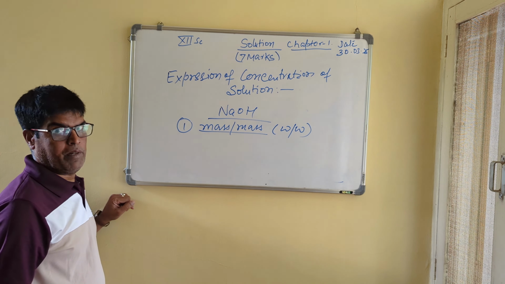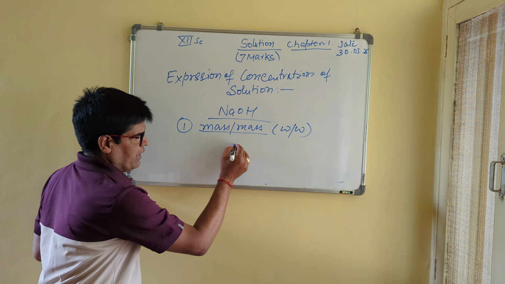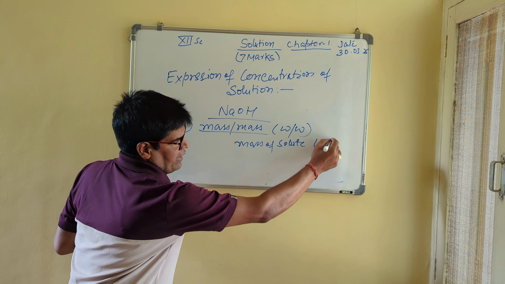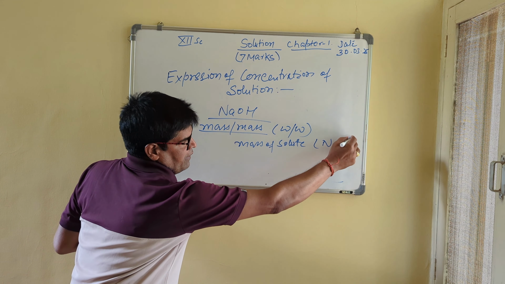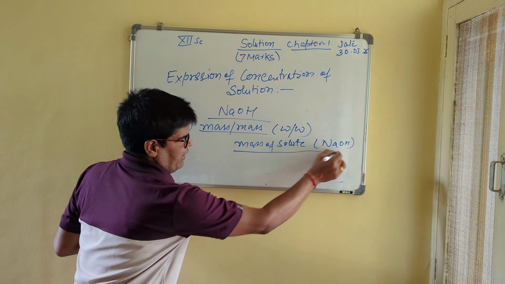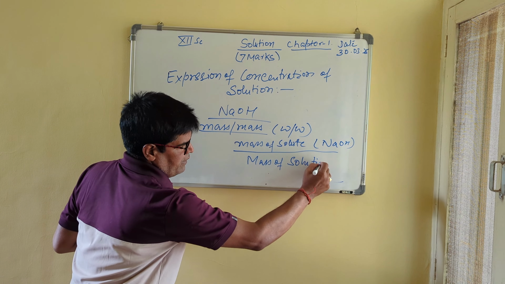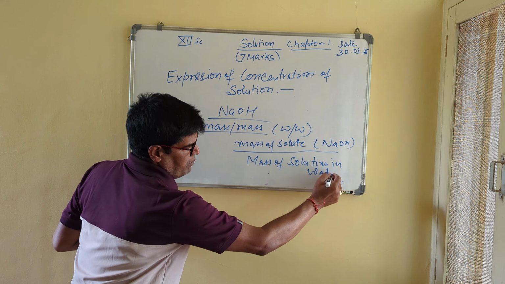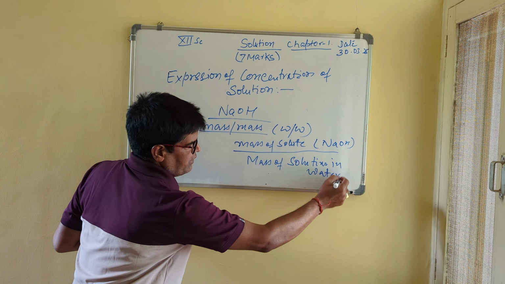The mass of solute here is the solid NaOH, so we write mass of sodium hydroxide divided by mass of solution in water. This is called mass by mass concentration.